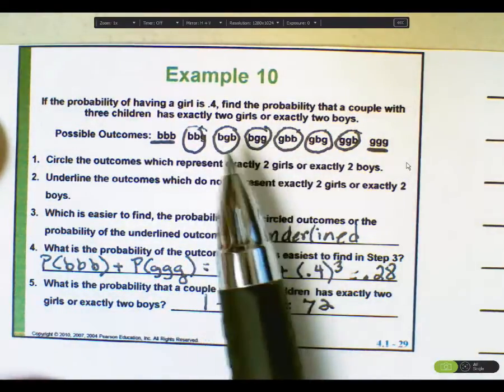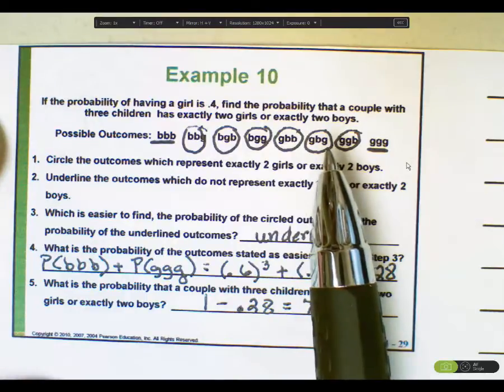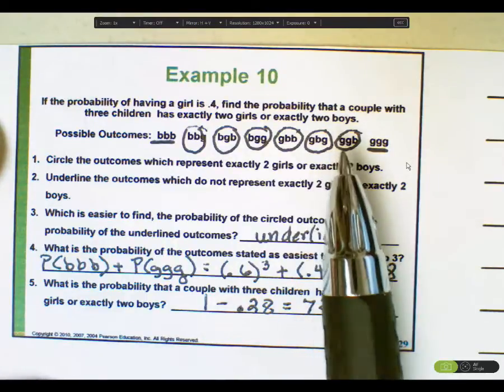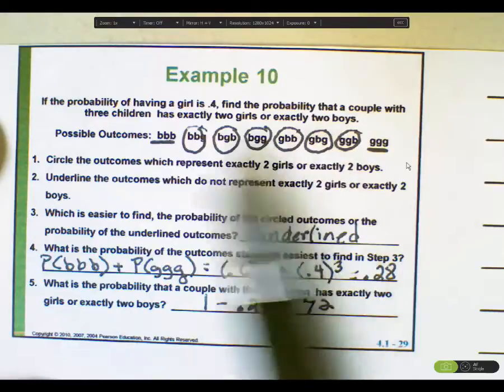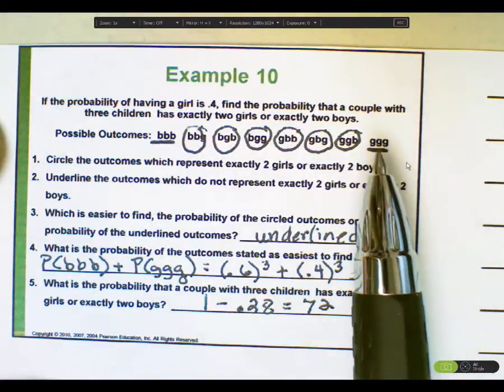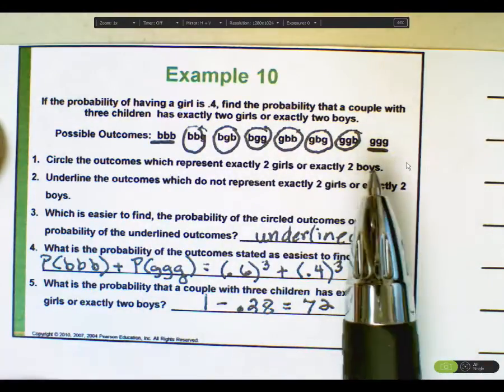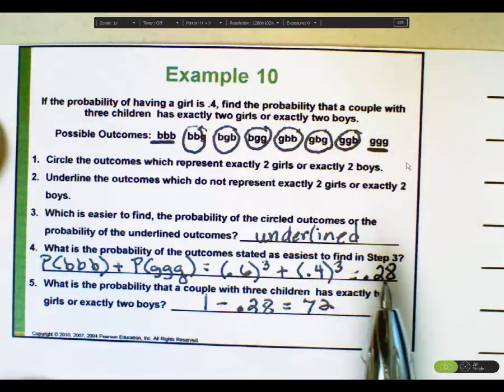Having exactly two girls or exactly two boys is the complement and includes everything except for all three are boys or all three are girls. It was easier to calculate the underlined probability than the circled probability.